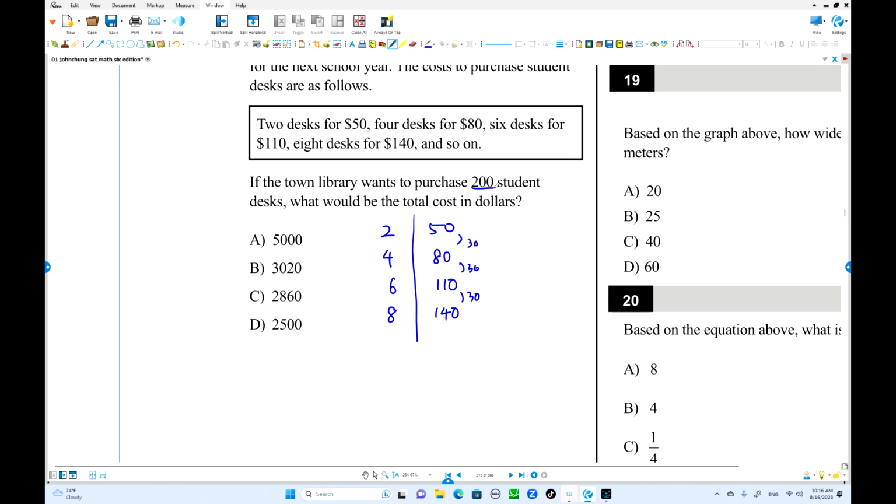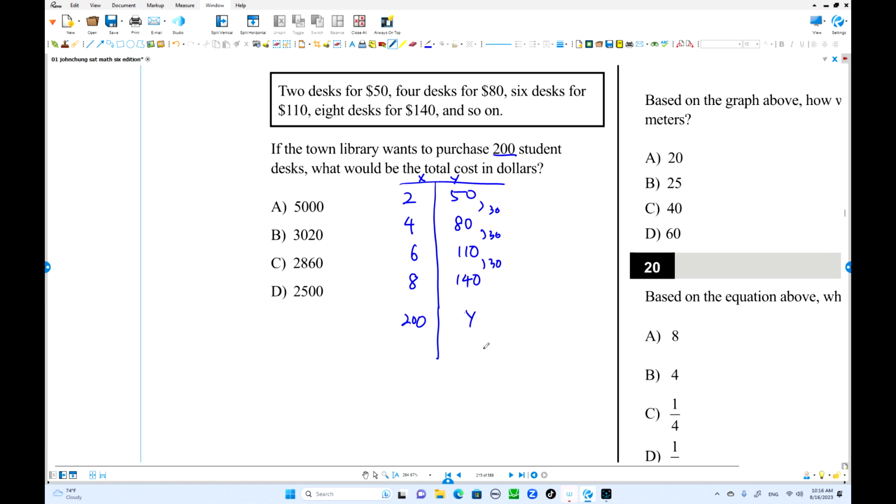Okay, if we need 200 students' desks, how many dollars? We'll take this as y, it is better. This is x, this is y. Since this is linear, you can use constant slope. What is the slope here? 80 minus 50, that is 30, over 4 minus 2 is 2.